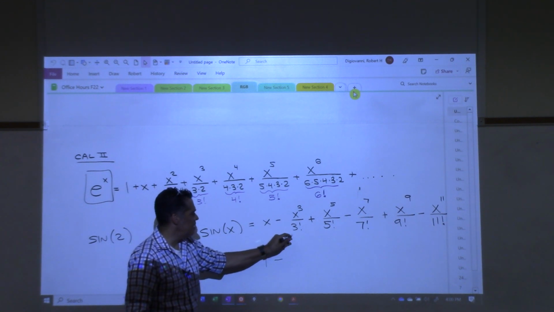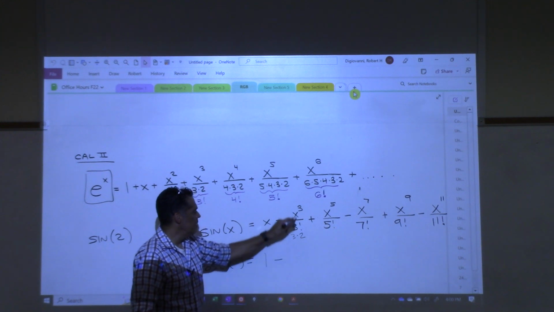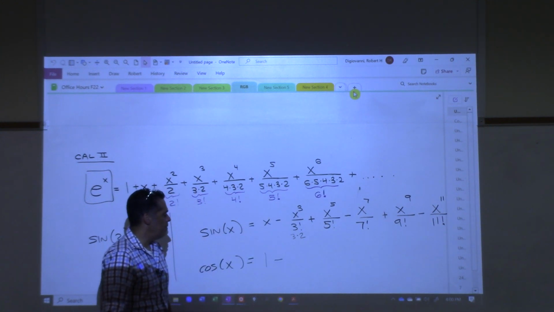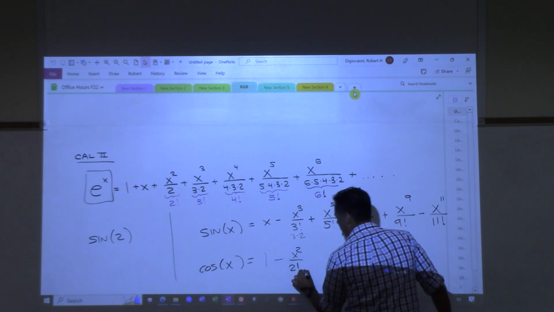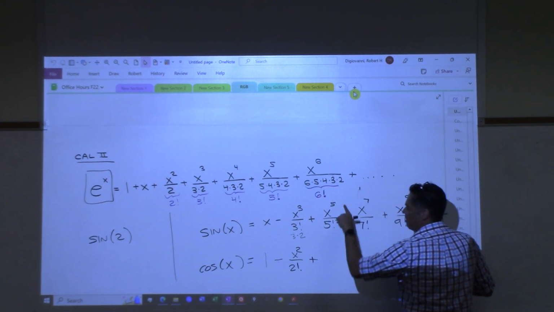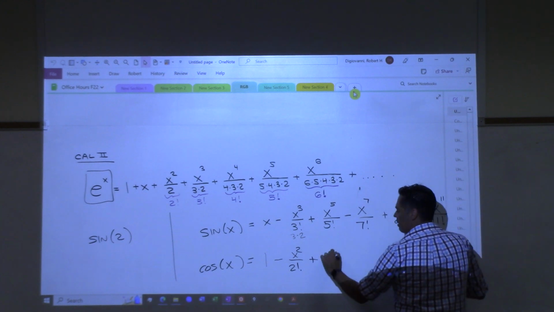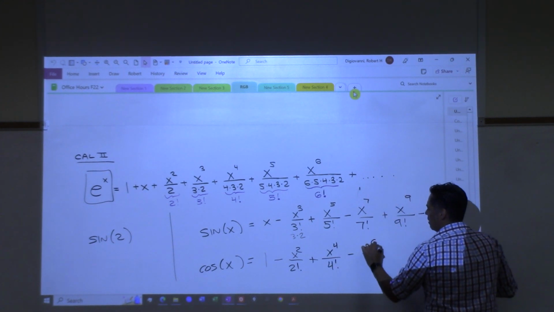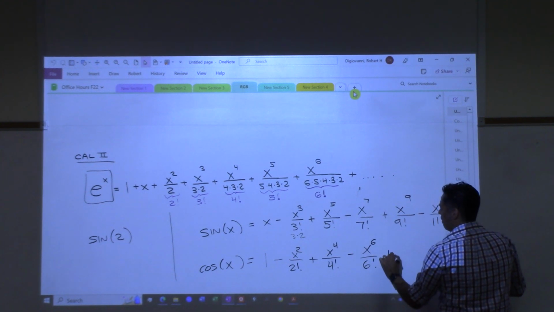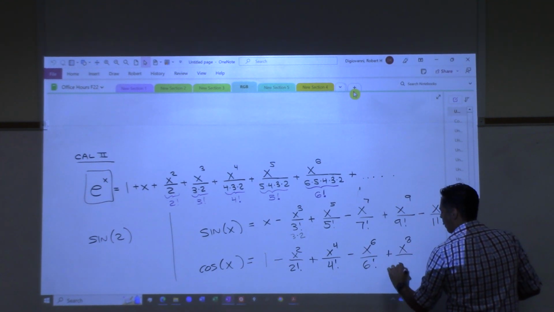Okay, here, can y'all see the 3, 2, 1 down here? When the 3 comes out and cancels out, what am I still left with? X squared over 2. It'll be 2 factorial. And then I'll have plus, and now the 5 comes out, cancels. I'll get x to the 4th over 4 factorial, and then this one will be x to the 6th over 6 factorial plus x to the 8th over 8 factorial.